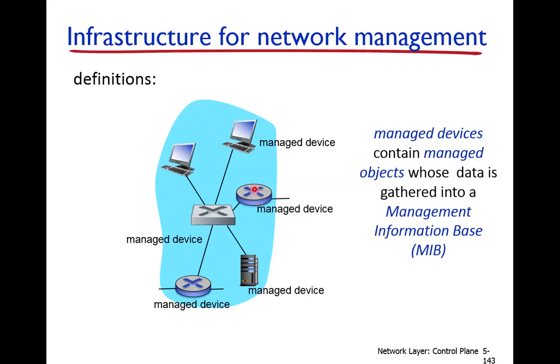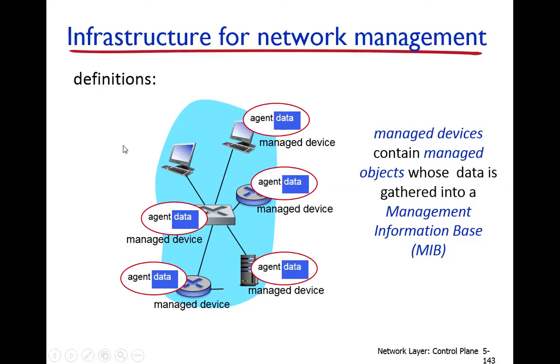So basically the managed device is represented through managed objects, and the managed object sends the data. Where? To a server. There is a server which is called the managing entity, and this managing entity contains a database called the management information base.